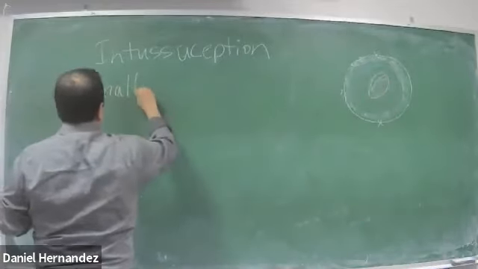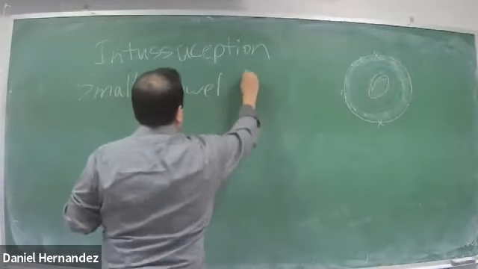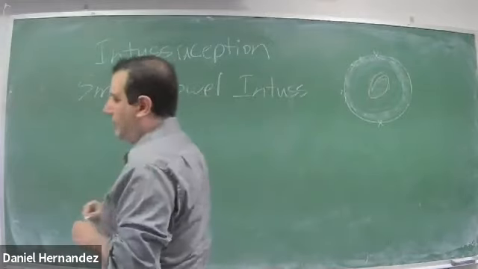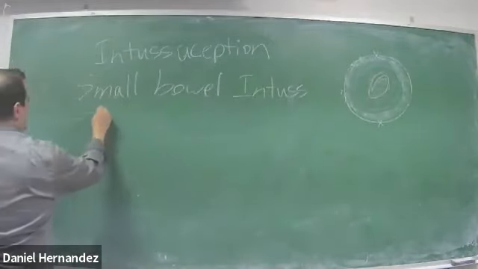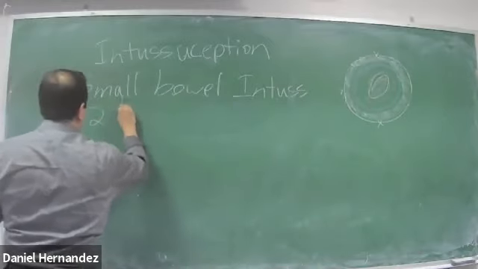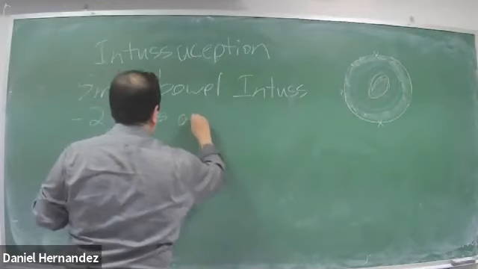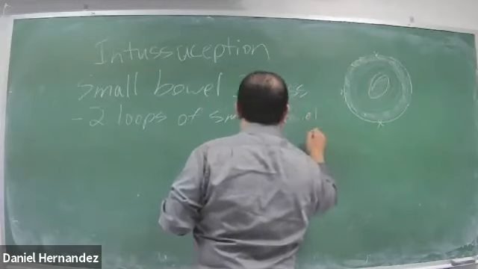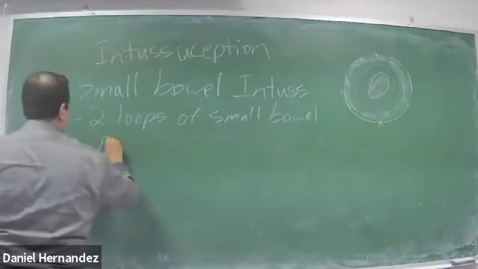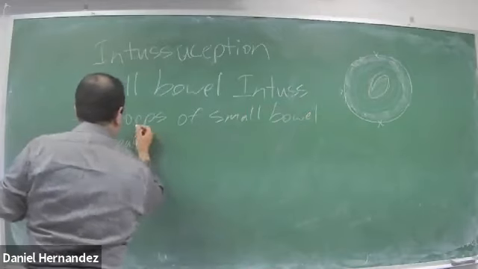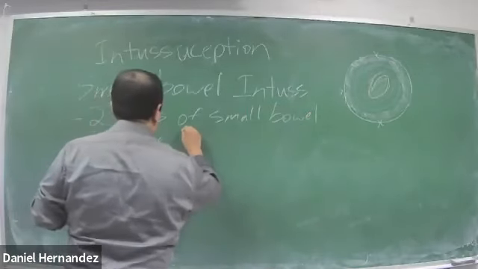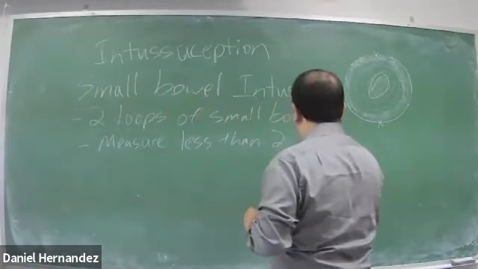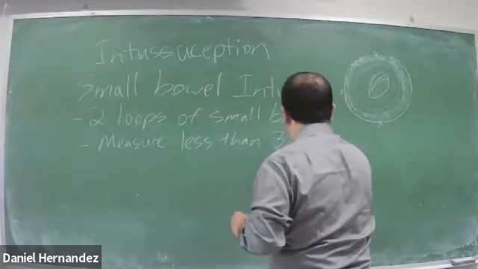Small bowel intussusceptions involve 2 loops of small bowel. They measure less than 3 centimeters.